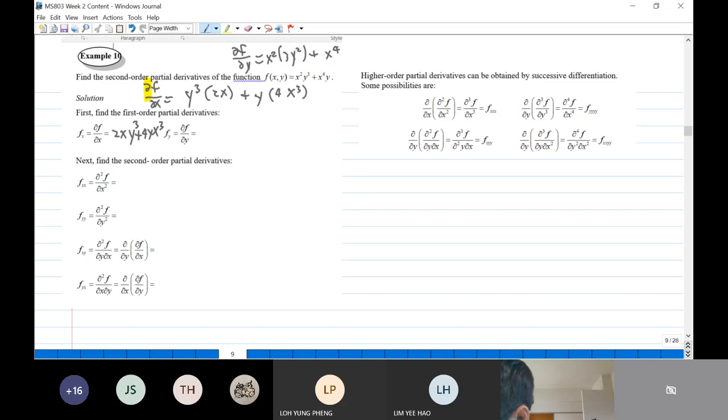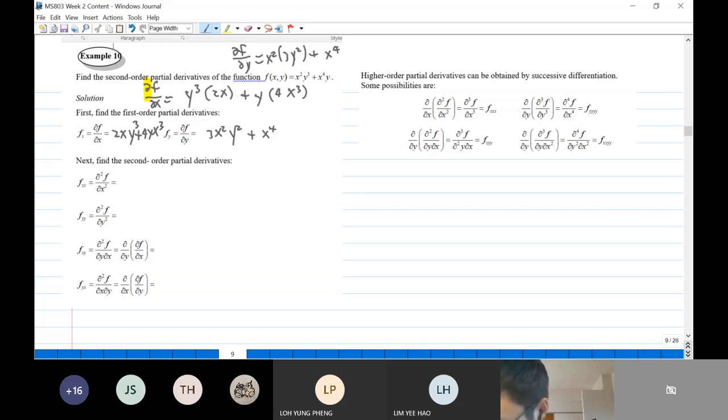So the other one is 3x squared y squared plus x to the 4. This is the first partial differentiation.